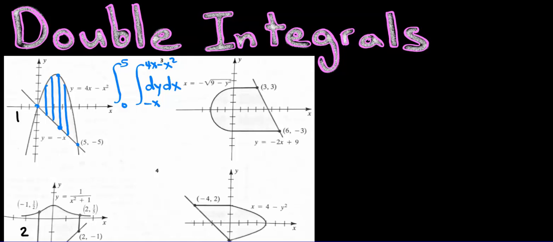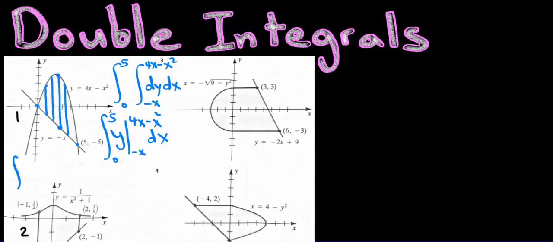Okay. Now, the way we would evaluate this, of course, is we've got 0 to 5, and I integrate with respect to y. So I've got y goes from negative x to 4x minus x squared, dx. Right, see that? So I'm just working my way from the inside.